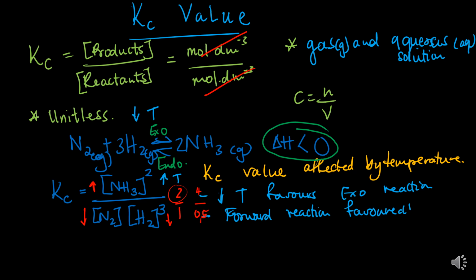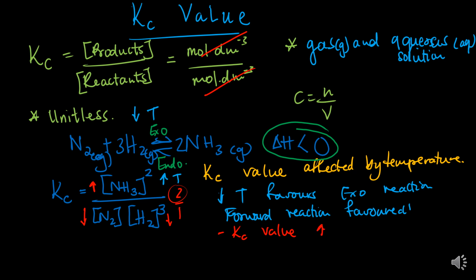I'm just putting values to put you into perspective. It's a fraction. If you increase the numerator and you decrease the denominator, the value you get at the end is going to be bigger than before. So in this instance the Kc value would increase.